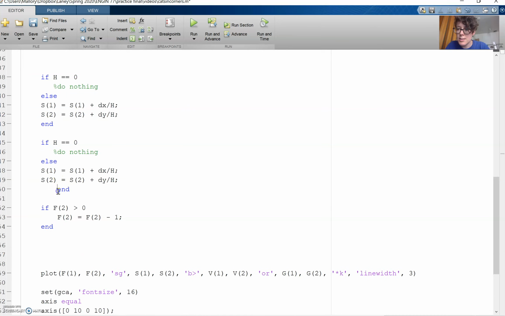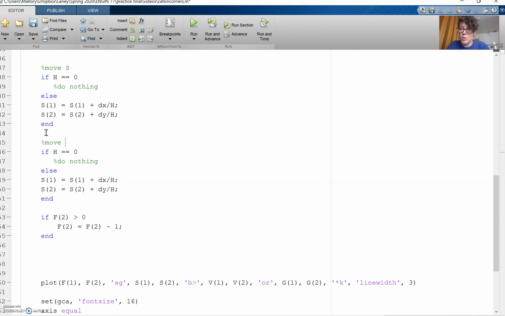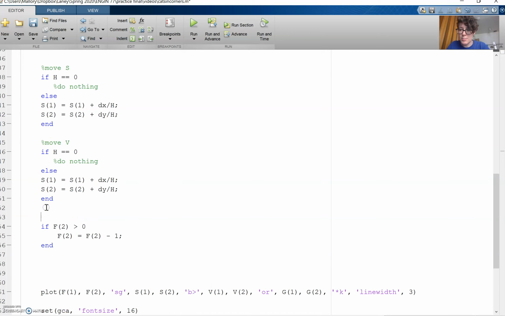And let's just comment our code here. So this part we're going to move S, this part we're going to move V, and this part we're moving F. So we should change these here to V. And this should be dx because this is now an array.